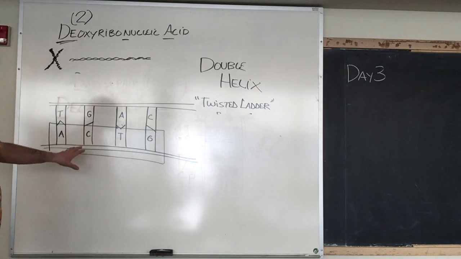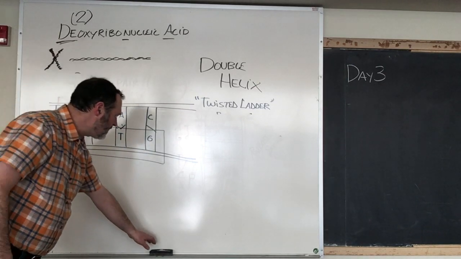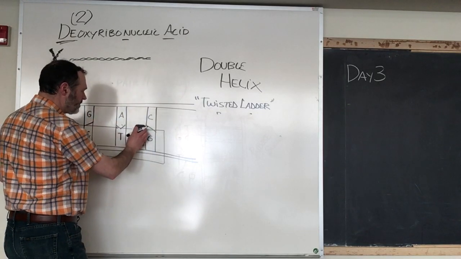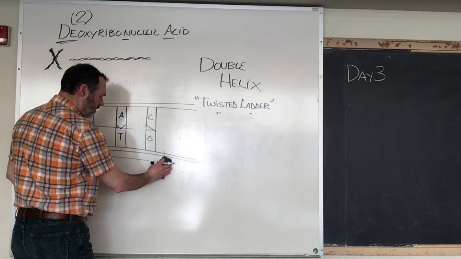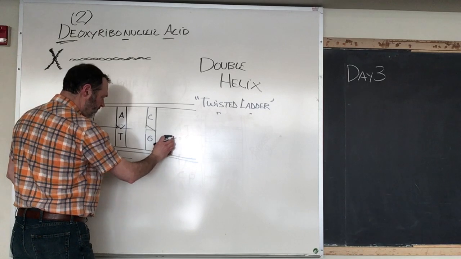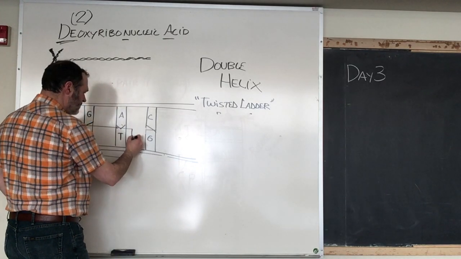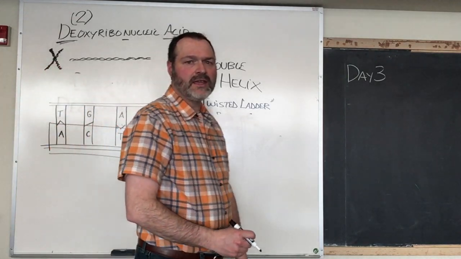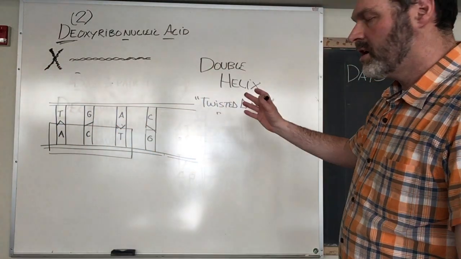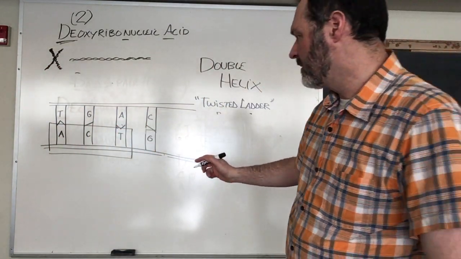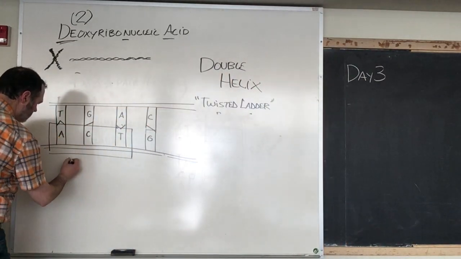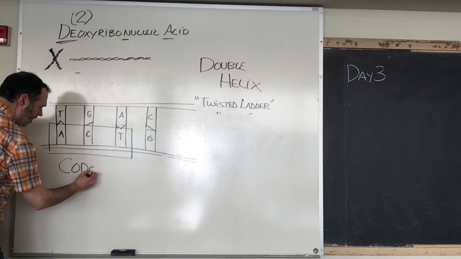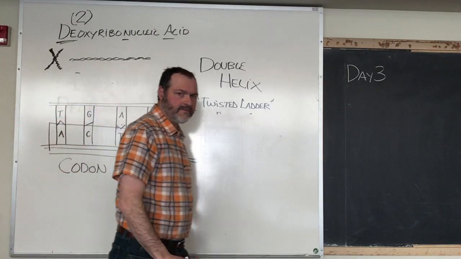Notice right now then we've got these letters in a row. Now actually I've written 4 letters up here, but the most important number is 3. 3 letters. Every 3 letters of DNA is called a codon. So this is called a codon of DNA.